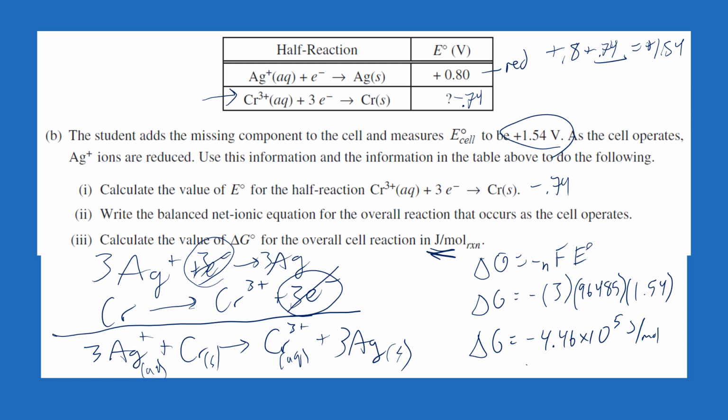If you had written that out, it's negative 446,000 joules per mole. So there is your delta G. Now remember that a negative delta G indicates a thermodynamically favorable reaction in the forward direction, which makes sense because we have a positive voltage for that voltaic cell.